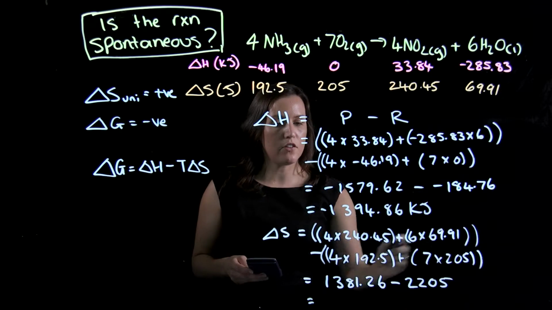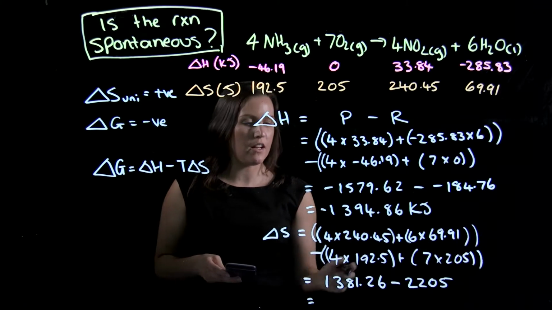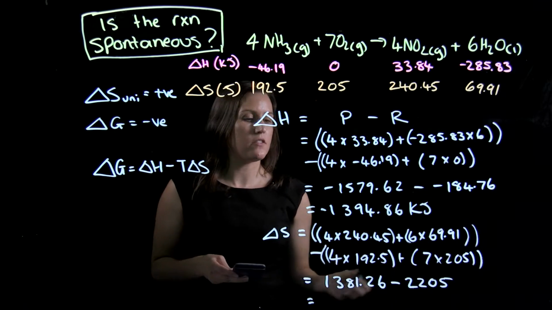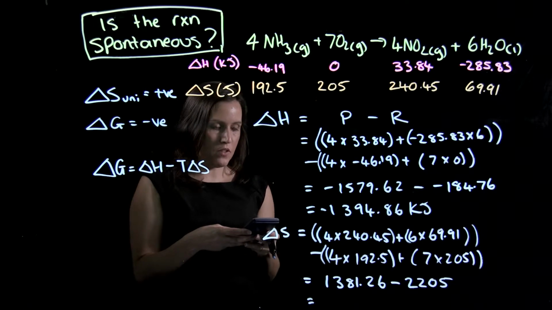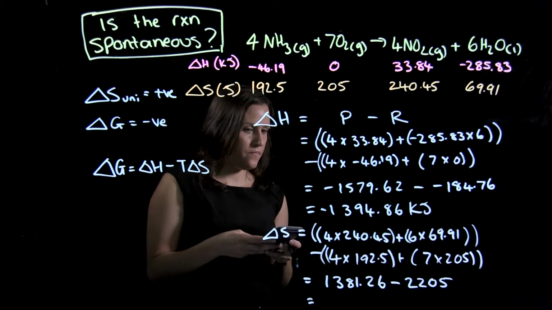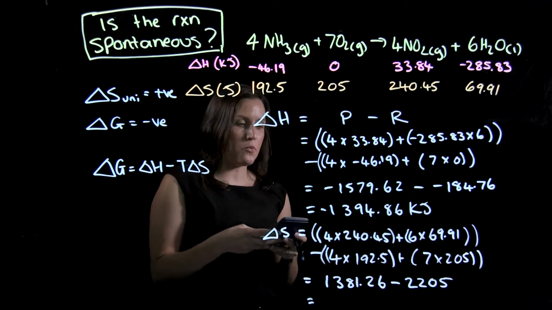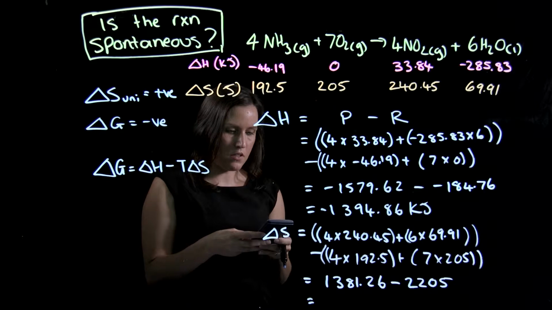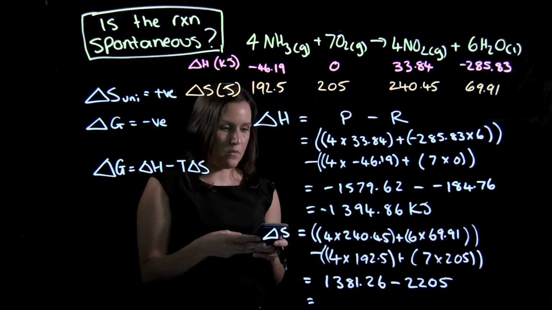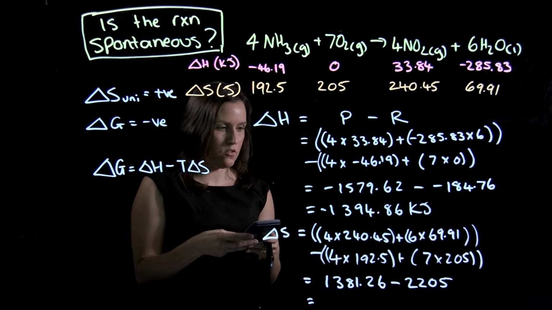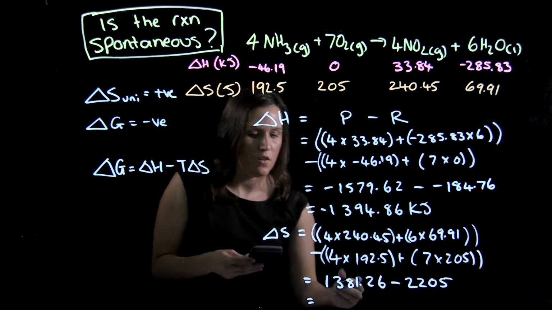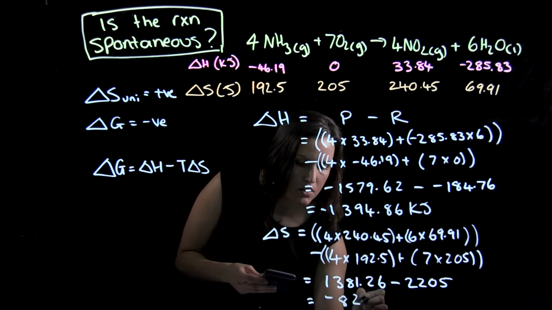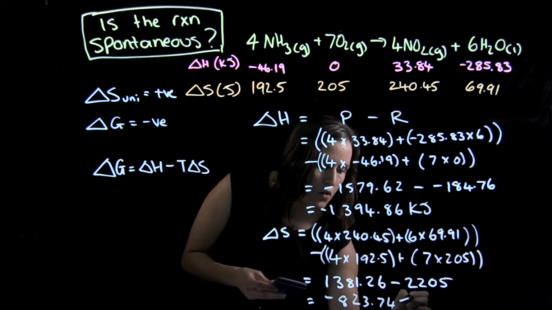If we add those, we get 1,381.26, we get 2,205. They're all positive values. So if we subtract that from the initial one, 1,381.26 minus 2,205, we get minus 823.74 joules.